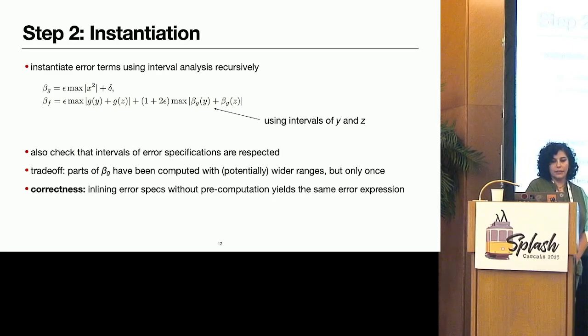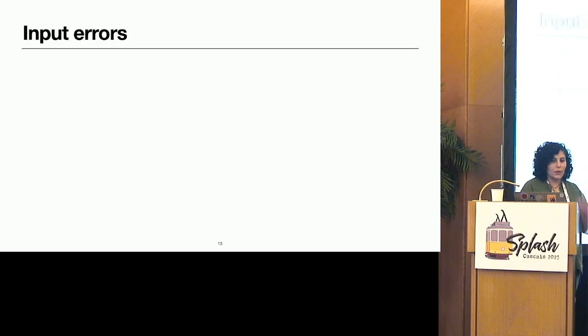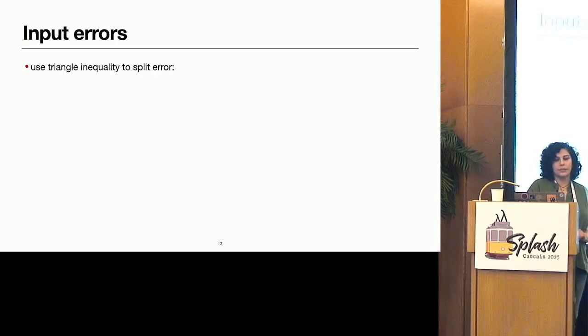As for correctness, if we inline the beta of G's in the beta of f, then we would get the same round-off error formula that we would get if we had inlined all the procedures in f and then computed the error specification. Now let's assume that we have input errors. I will just give you a high-level idea, and the paper has more details.